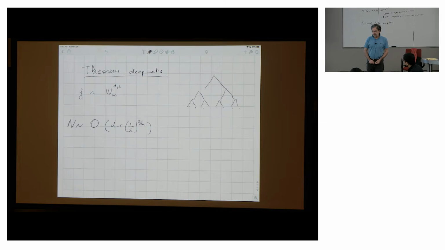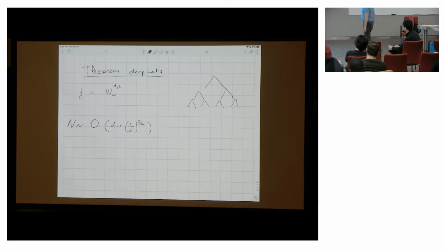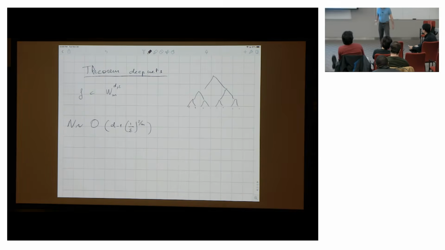But we can't say that for all functions in the Sobolev space. The overall function must be in the Sobolev space, and it should be representable in this form. There should be some functions that are not representable. And the proof is pretty simple.